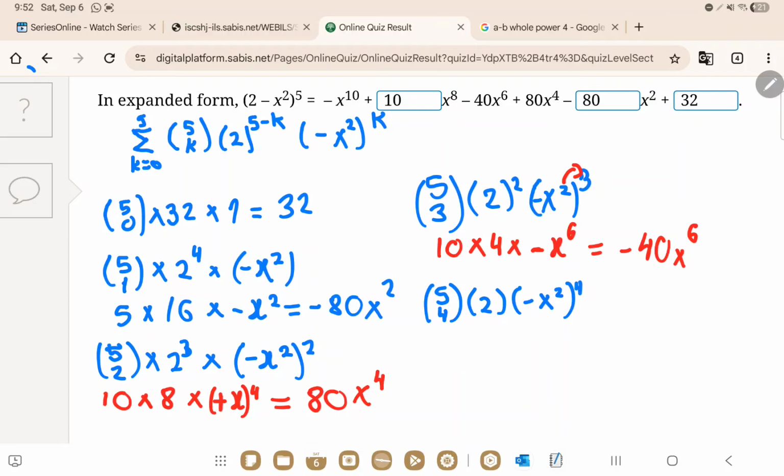Yeah, 5C4 is 5 times 2, times x to the power of 8, which is 10x to the power of 8. Not 6, 8, because we need to multiply them. I'm very much mixing up. And now for 5C5.